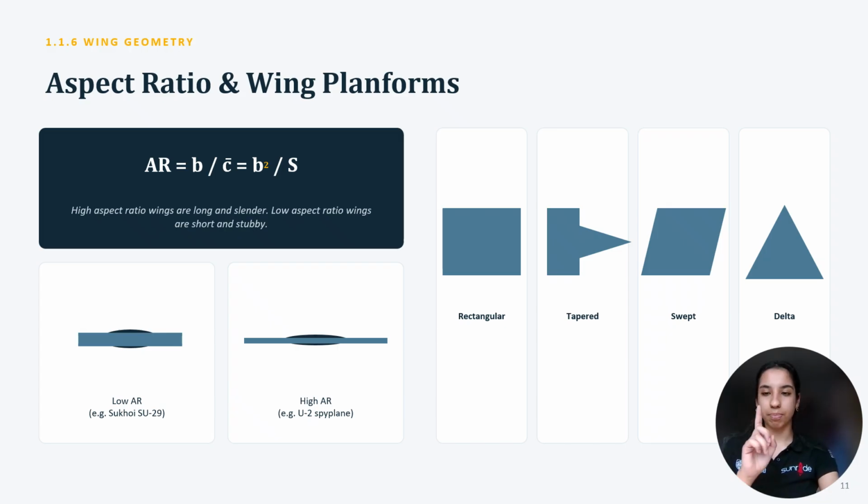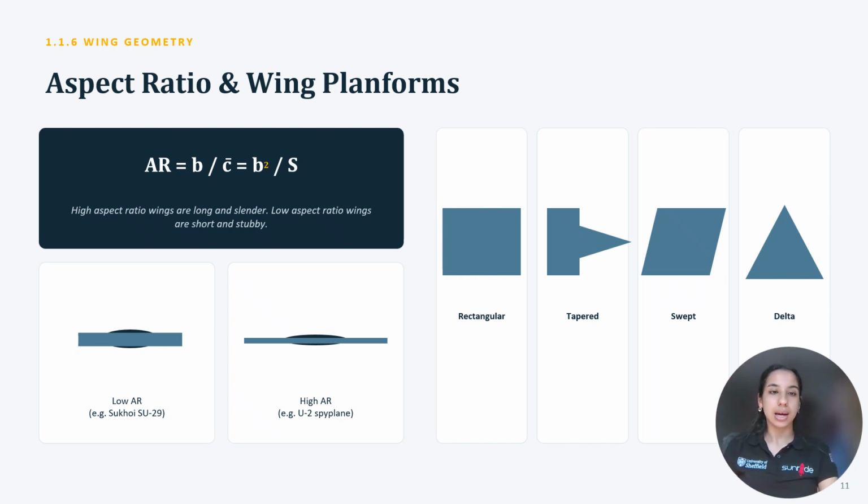I think, yes, mean chord. Okay, so b over mean chord. You could also get it by the span squared divided by the wing area, and then you get the aspect ratio.